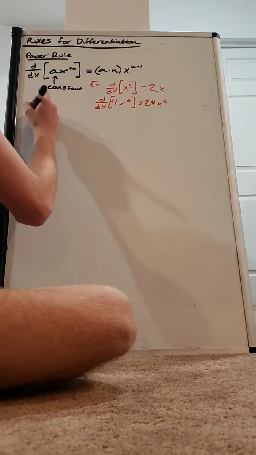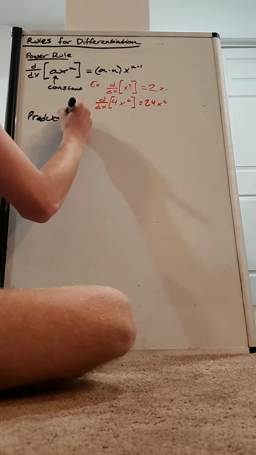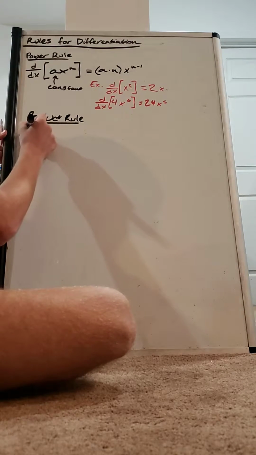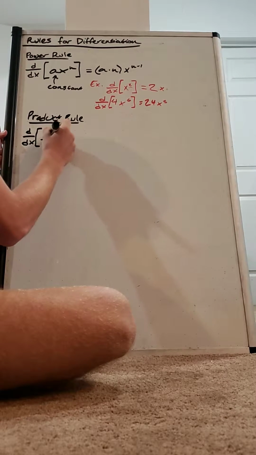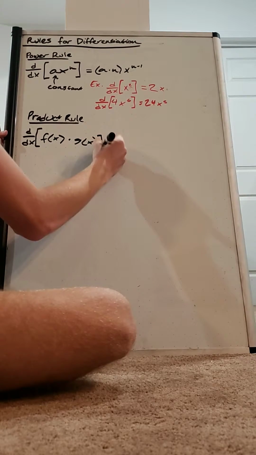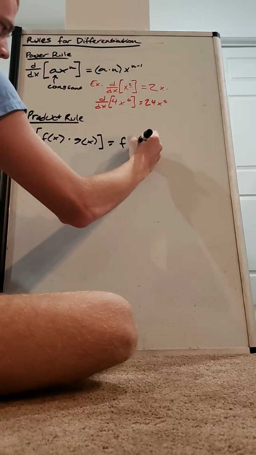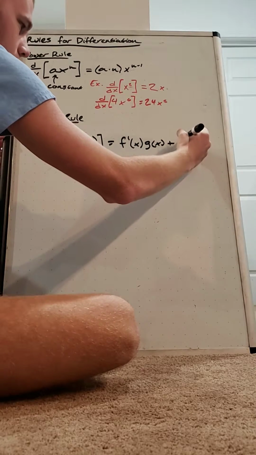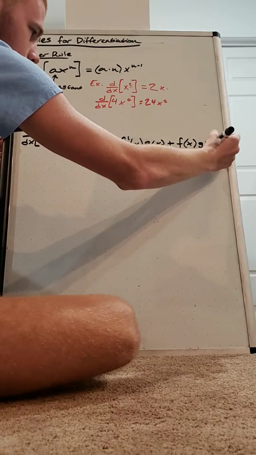The next one we're going to talk about is the product rule. This is if you have the product of two functions, so you're taking the derivative of two functions multiplied by each other. This is going to be equal to the derivative of the first one times the second one, plus the first one times the derivative of the second one.